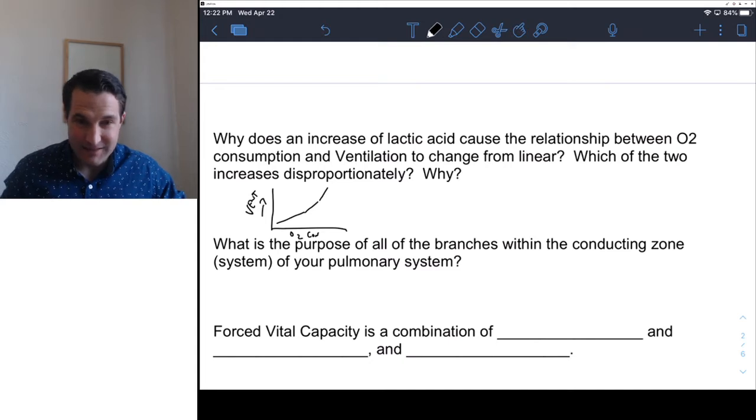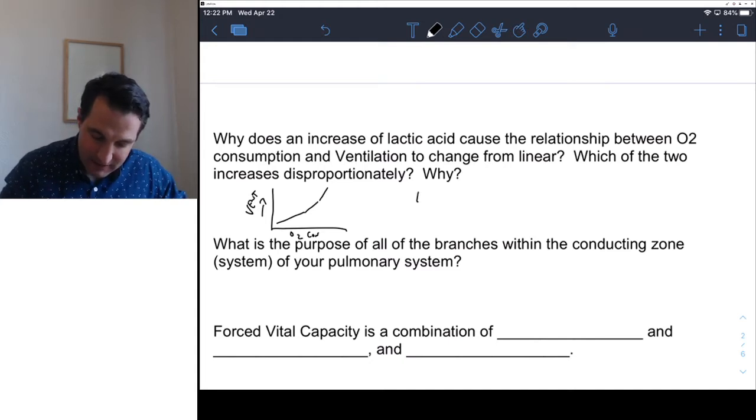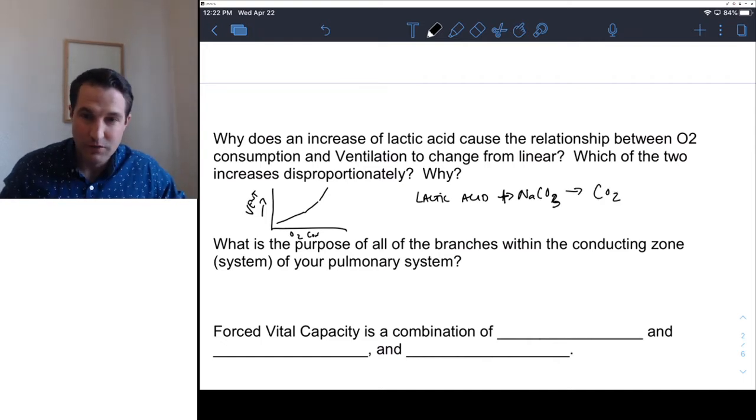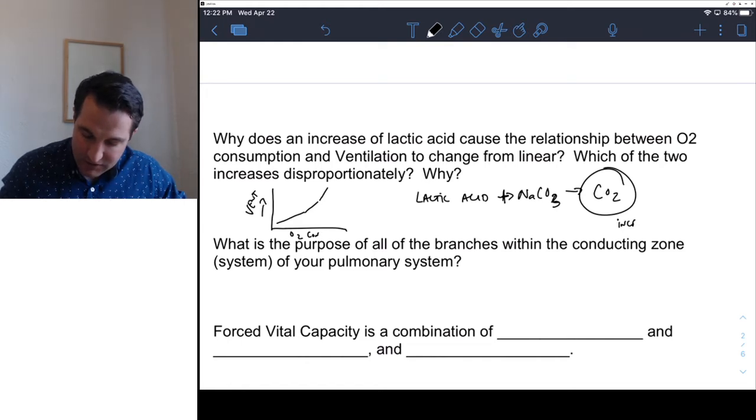The reason this happens is because lactic acid, once in the blood and combined with sodium bicarbonate right there, is going to yield CO2. That CO2 is going to increase the breathing stimulus.